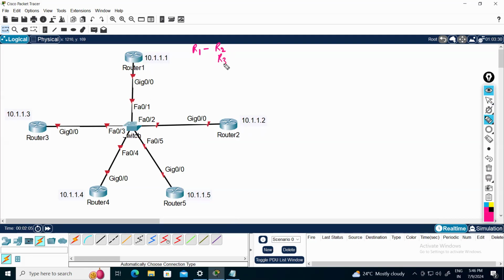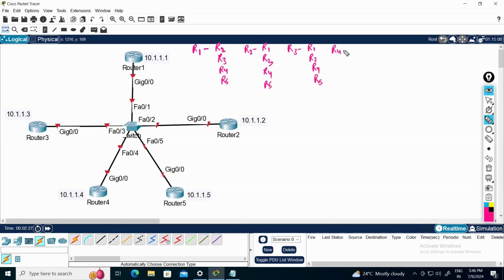So R2, R3, R4, and R5 will become neighbors. For R2, who will become the neighbors? R1, R3, R4, and R5. For R3? Correct.